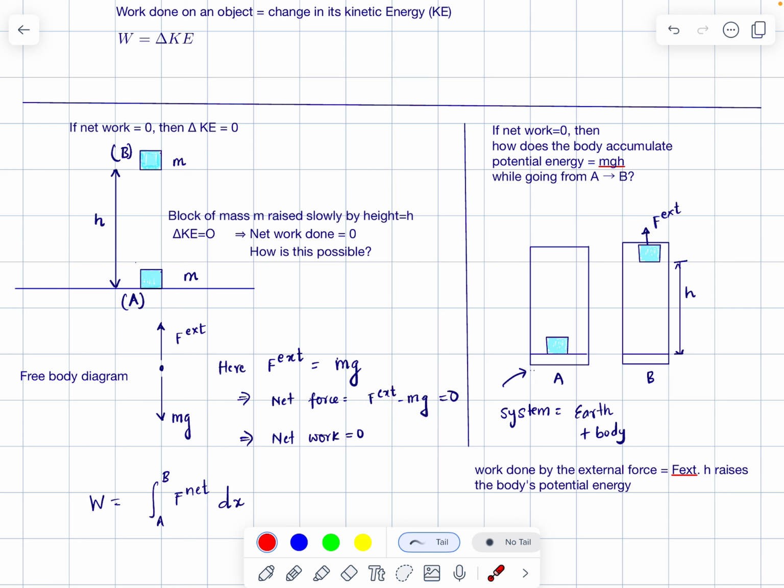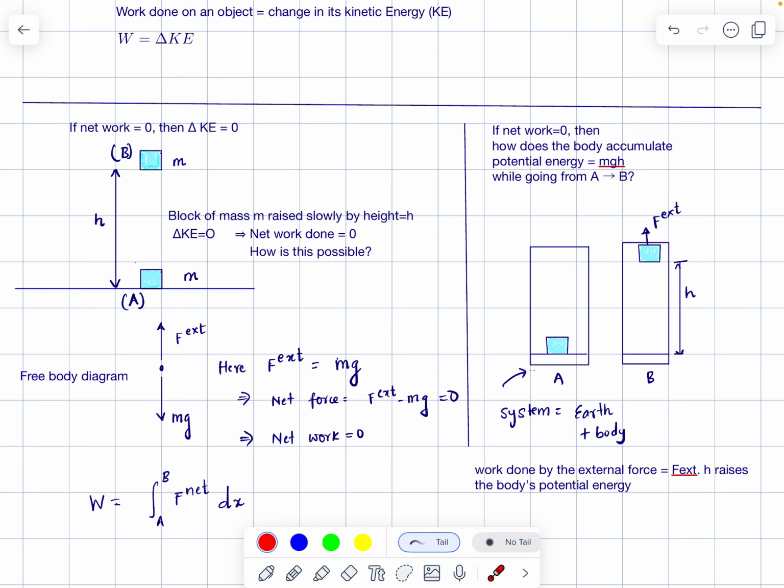So the next question to ask is, if the net work indeed is zero, then how does the body accumulate potential energy equal to mgh?